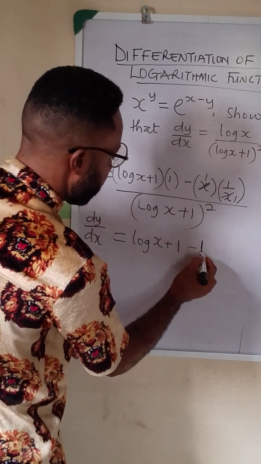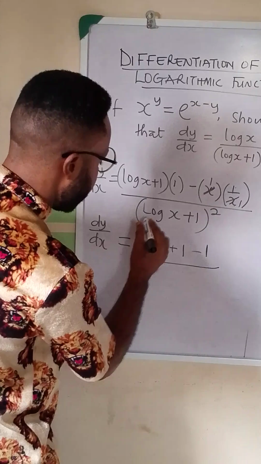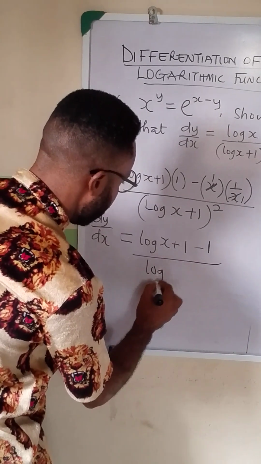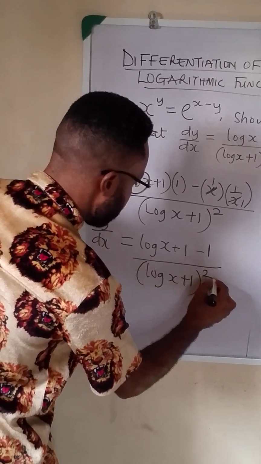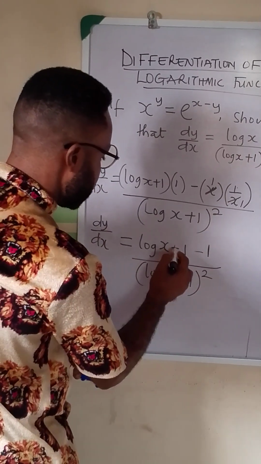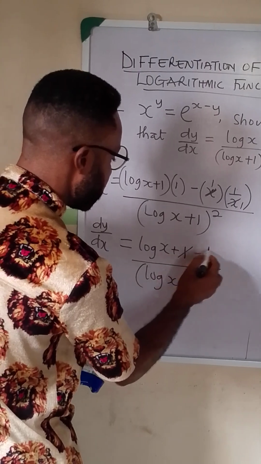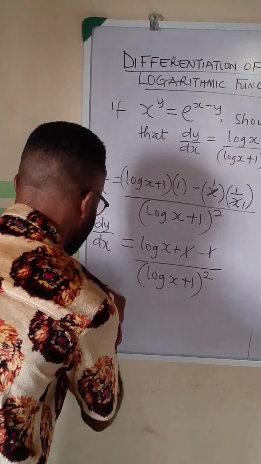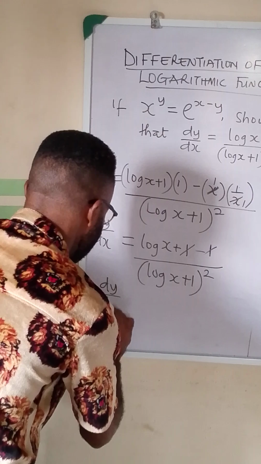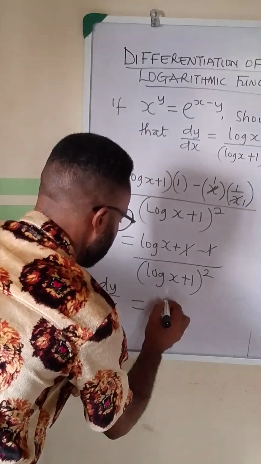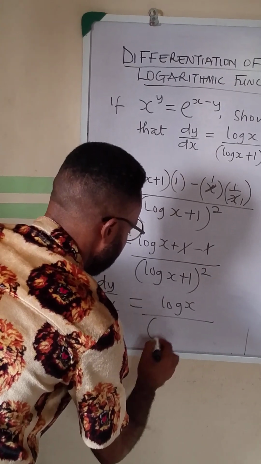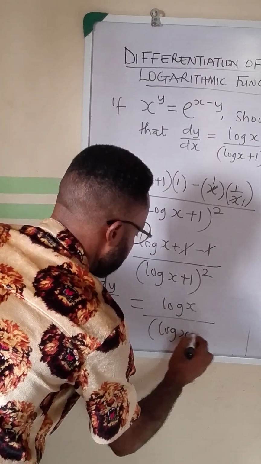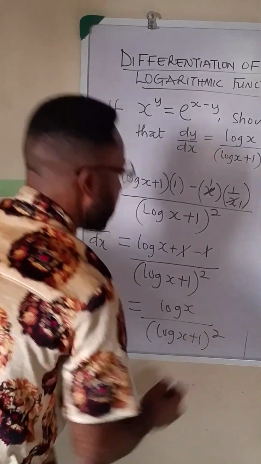All divided by log x plus 1 all squared. Plus 1 minus 1 is 0. And so dy/dx will be equal to log x over bracket of log x plus 1 all squared.